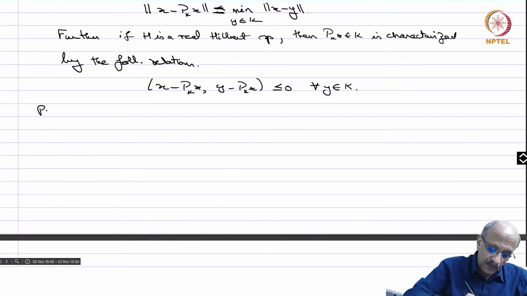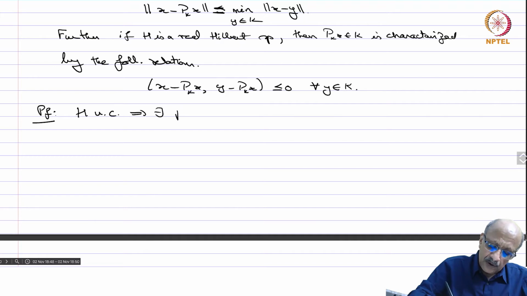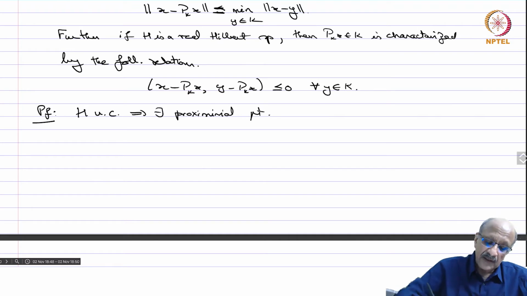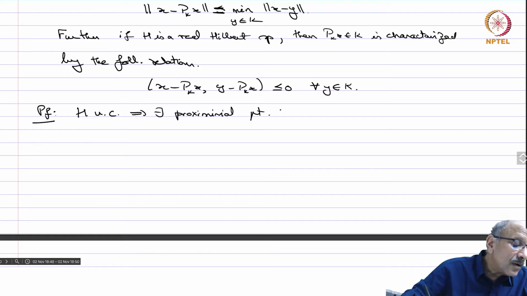So proof. H is uniformly convex, which implies there exists a proximinal point. That means there exist, and in fact there is existence and uniqueness of the proximinal point.